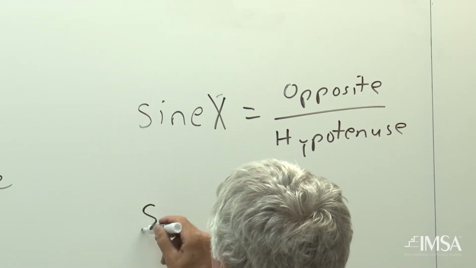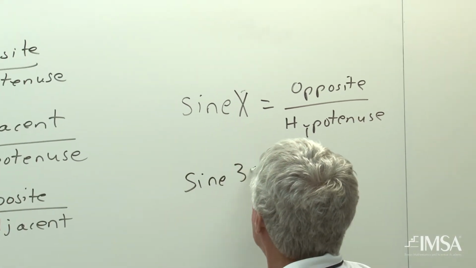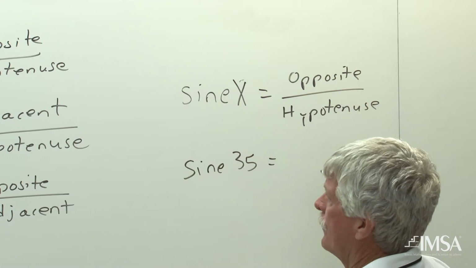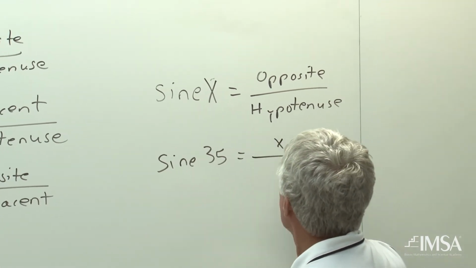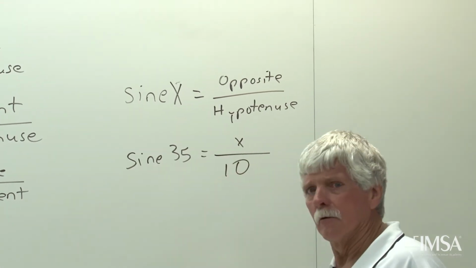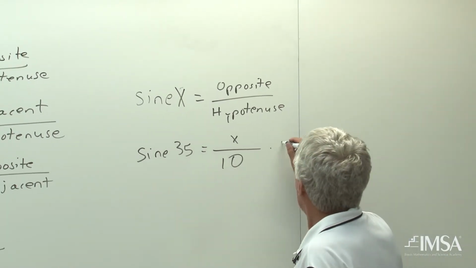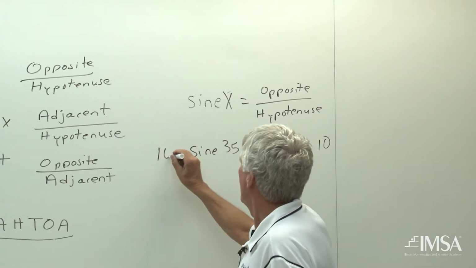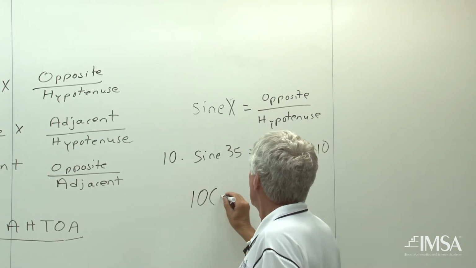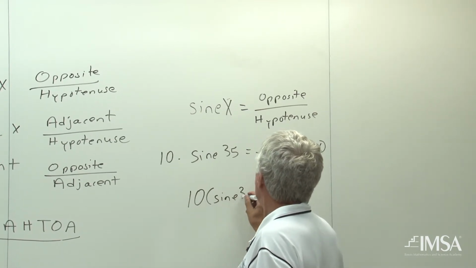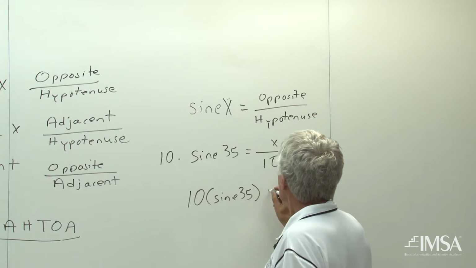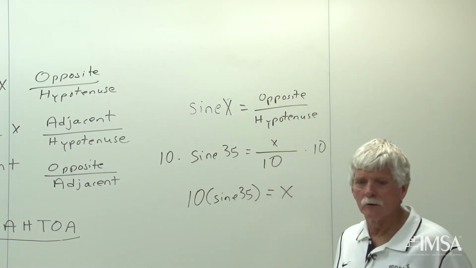So we have the sine of 35 degrees is equal to the opposite, which in this case is x, divided by 10. Now we apply our algebra. Multiply both sides of the equation by 10. So we have 10 times the sine of 35 degrees is equal to x.